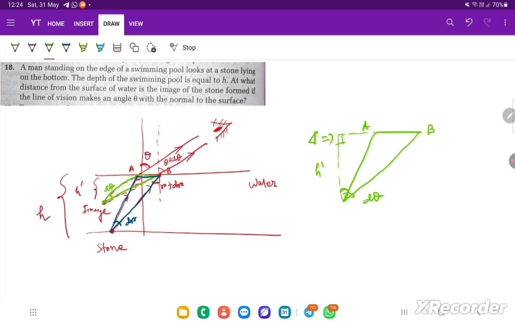And this angle was theta, and this whole angle was theta plus d theta. So from this right angle triangle I can easily write this length as h dash sec theta, and then I am dropping a perpendicular from point A on this line.